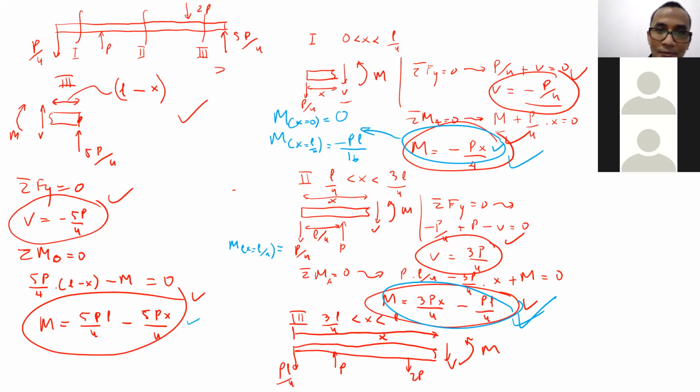So yes, it's the same as this one, minus PL over 16. Now we want to get the endpoint x equal to 3L over 4. What is the value of the moment there?